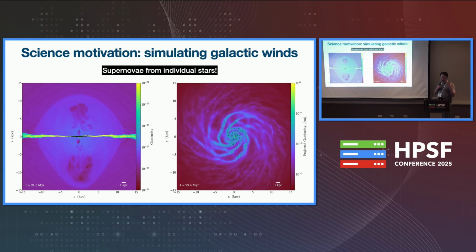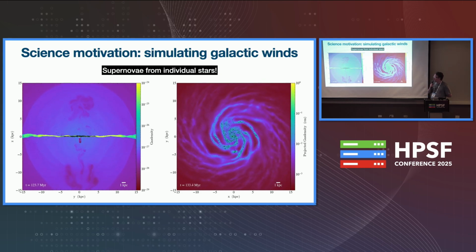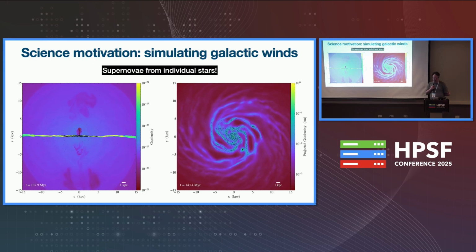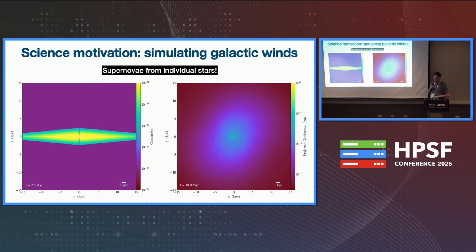And then, sometime later, it blows up into a supernova. So you're seeing a galactic wind being created by all the collective supernovae that are blowing up. You can see each supernova event, I'll play that again, creates a little blast coming out of the galaxy and creating a little hole in the density distribution you can see on the right.